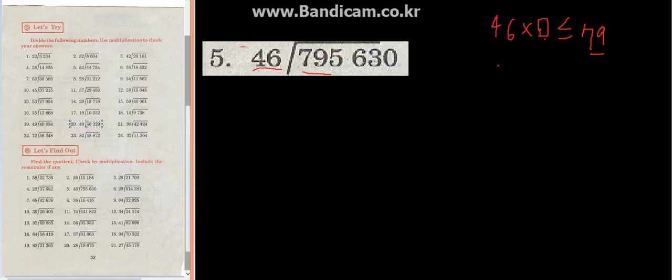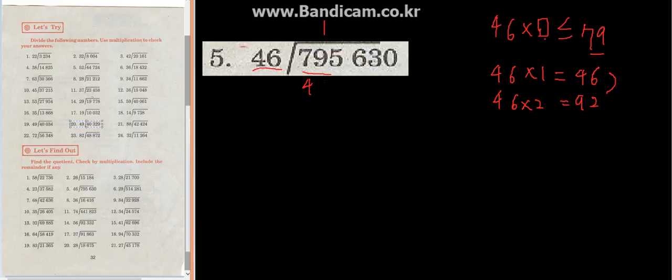So let's see. Let's first multiply by 1, that'll be 46. And multiply by 2, that'll be 92, right? Yep. And 79 is between these two numbers, so we happily write down 1 over here.